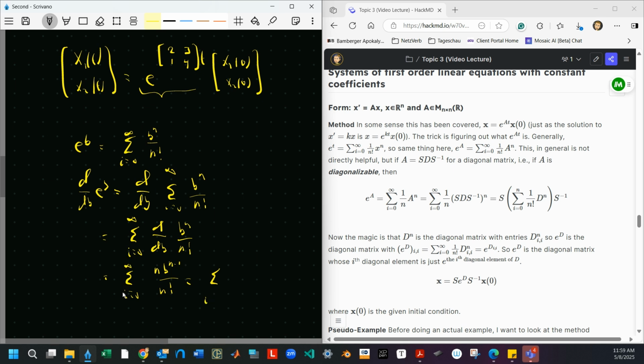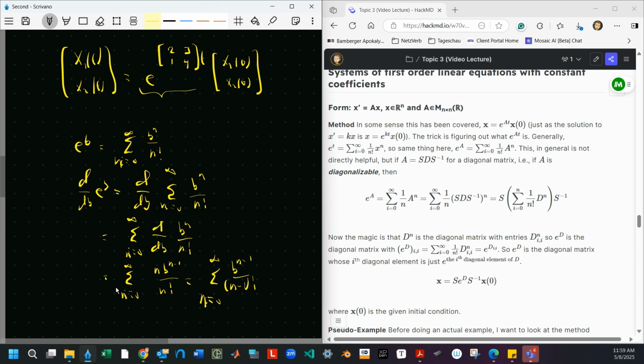I keep saying n on this side and i on that side, which is just dumb. I'll just change these to n. So n equals 0 to infinity, and then what I'm going to have here will be b to the n minus 1 over n minus 1 factorial, because when I cancel out, I get n minus 1 factorial.